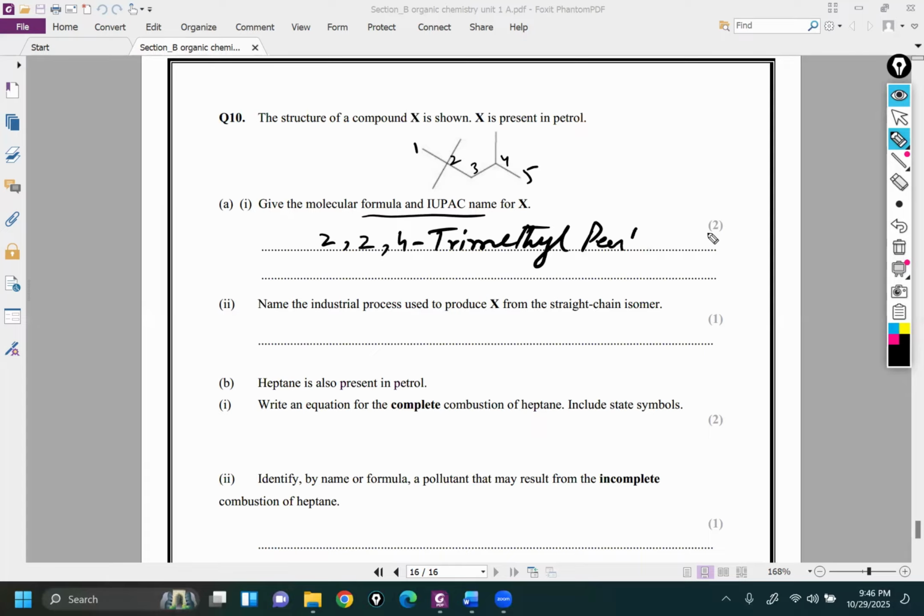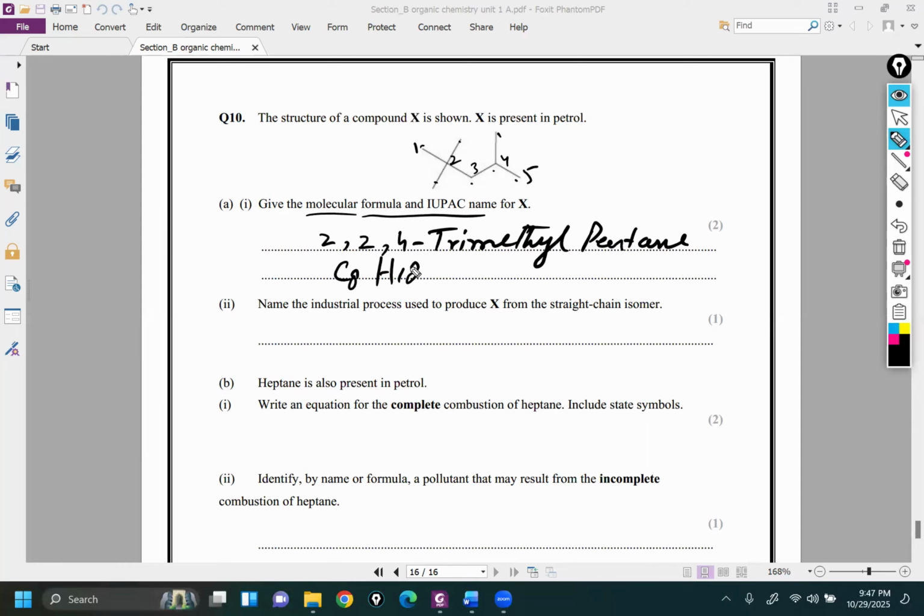If you remember in the previous question, we said isooctane. Now, octane. So let's look here. Count the carbon atoms: 1, 2, 3, 4, 5, 6, 7, 8. They are asking for the molecular formula for 1 mark. So C8 and hydrogen will be 2 more than double, so double of 8 is 16 plus 2, 18. So this is the molecular formula.